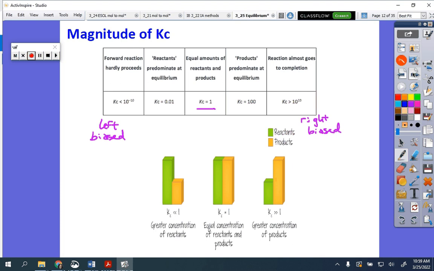So just remember that a high Kc, lots of products, sends our reversible reaction to the right. Okay? So the reaction is shifting to the right to reach equilibrium in the case of a high Kc. In the case of a low Kc, the reaction is shifting to the left to reach equilibrium.